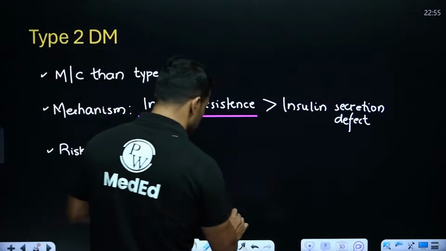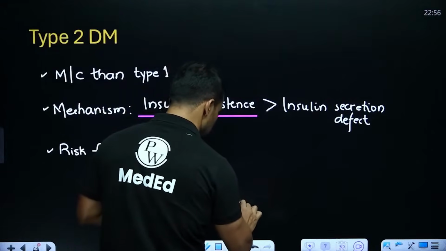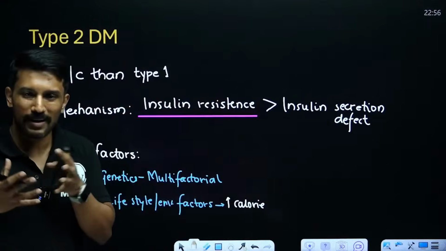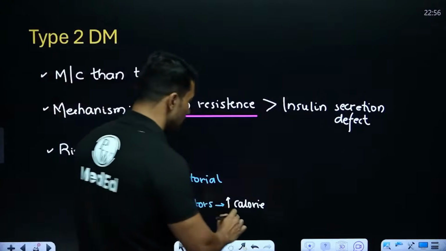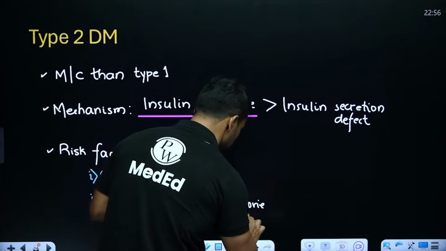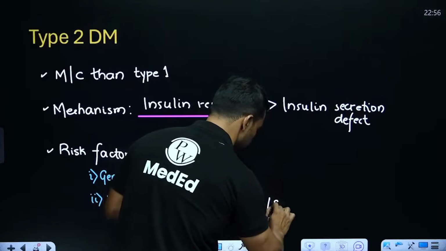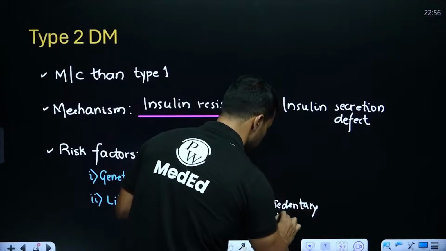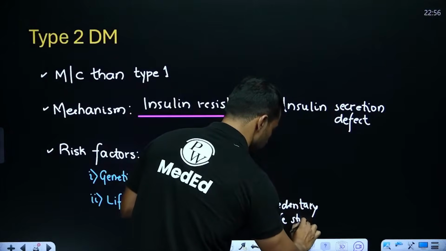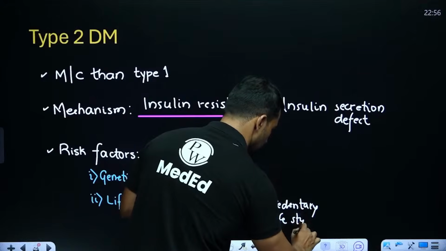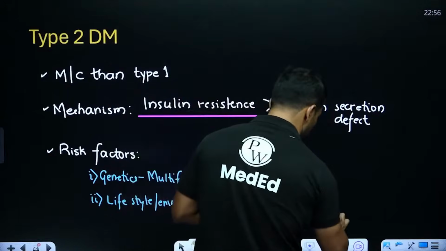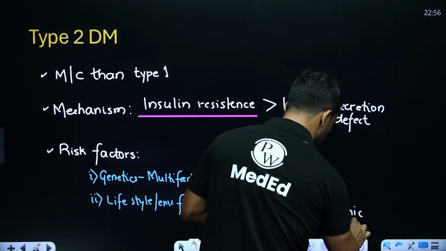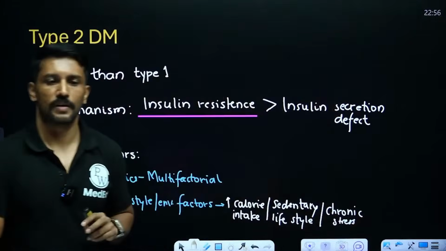That includes increased calorie consumption, so taking more sugar or more glucose or more carbs than required, increased calorie intake, sedentary lifestyle, chronic stress. These are all important risk factors.